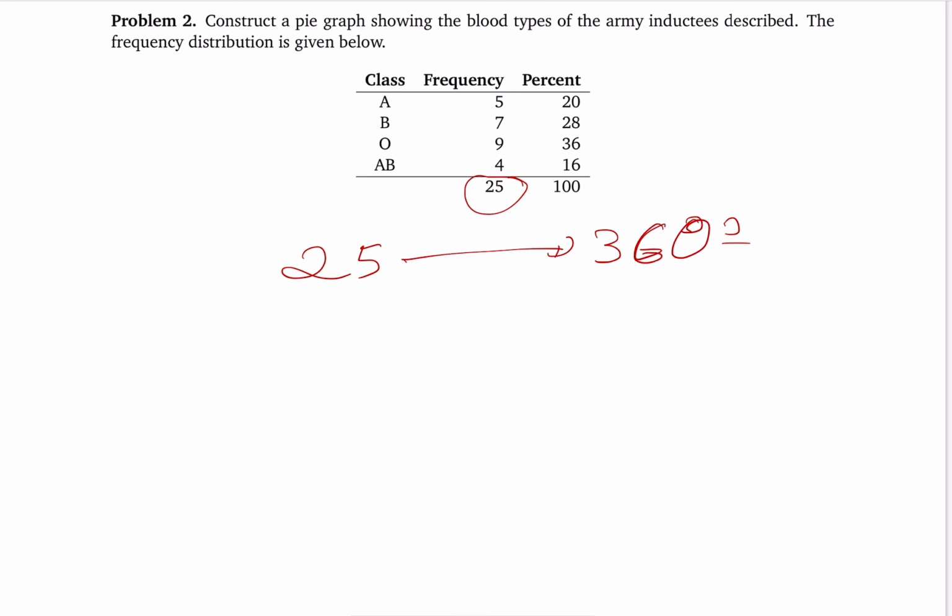Now for each frequency, for type A, B, O, or AB, let's call it F. Remember F can be 5, 6, 9, or 4 only. That's why I call it F. For each frequency, what is the corresponding angle we have to put in?